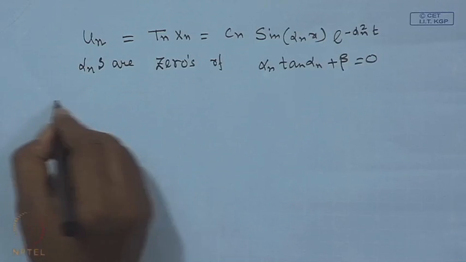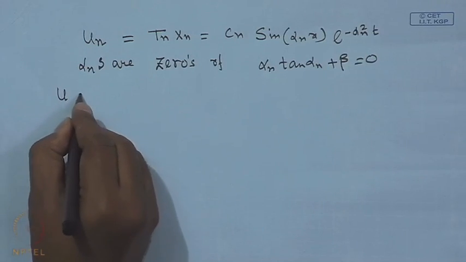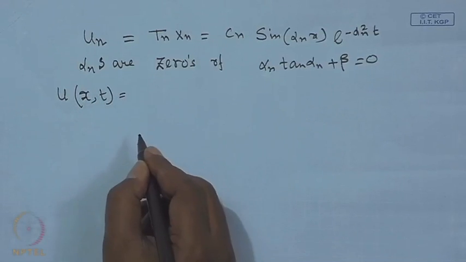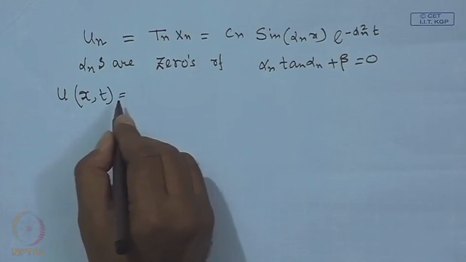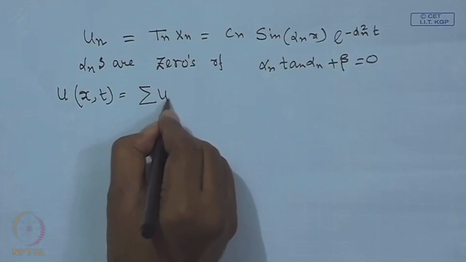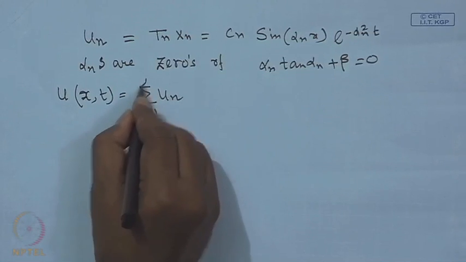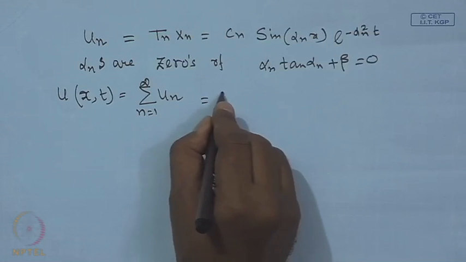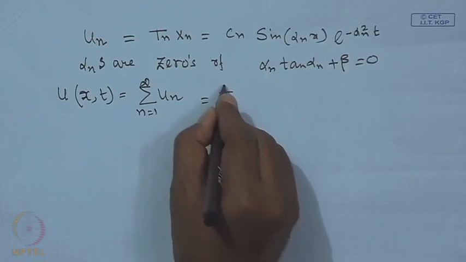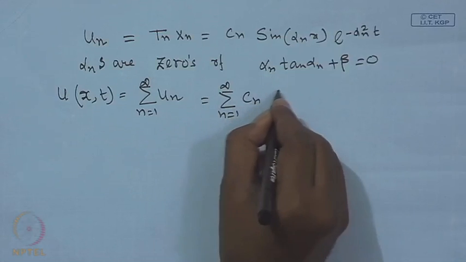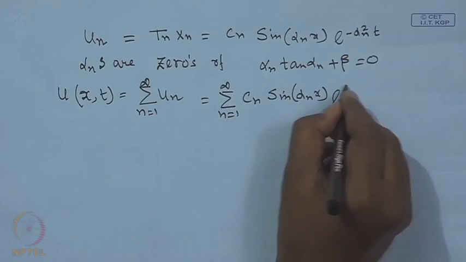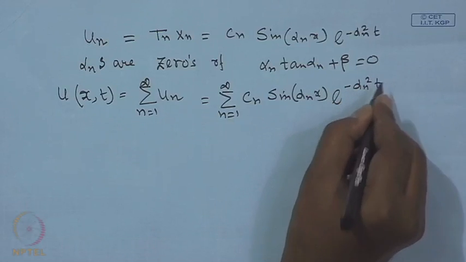The complete solution of this problem is a linear superposition of all the eigen solutions. So, u x t is nothing but the summation of u n, where n is equal to 1 to infinity. So, we will be getting summation n is equal to 1 to infinity C n sin alpha n x e to the power minus alpha n square t.